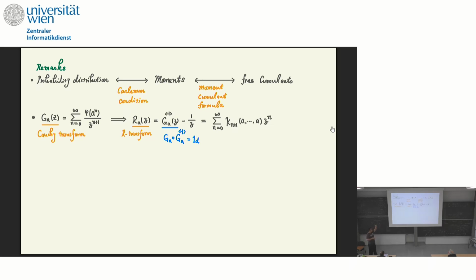And let's look at the corresponding R transform, where here I'm using G inverse instead of K as in Beyond's talk. The G inverse is the compositional inverse. So the R transform is G inverse minus 1 over Z, and it's a formal power series. You can see the relation between G and R: G is described by moments, and R is described by cumulants.